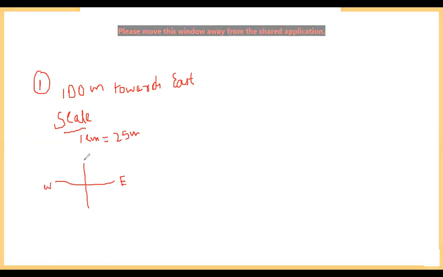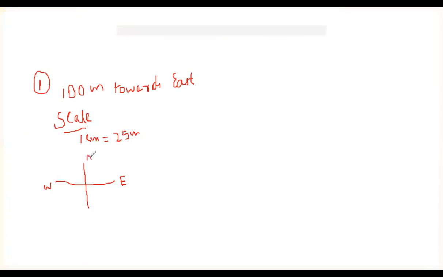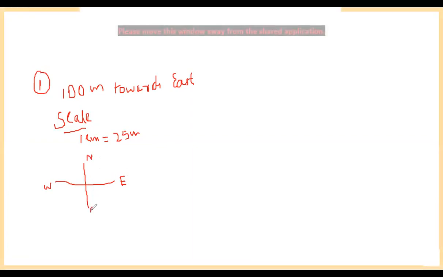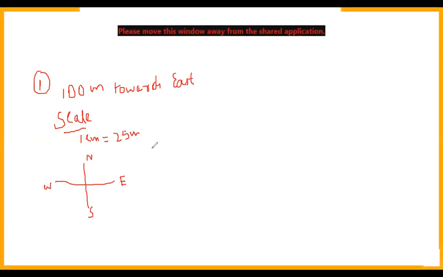Similarly, the upward side is north, and the opposite of north is south. Students, you have to draw a 4 centimeter line segment, because according to the scale, 1 centimeter is 25 meters. It means for 100 meters you need a 4 centimeter line segment towards east.